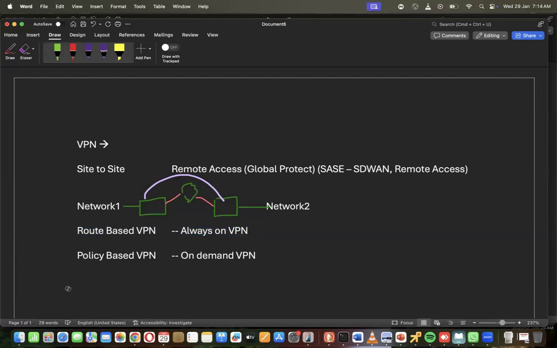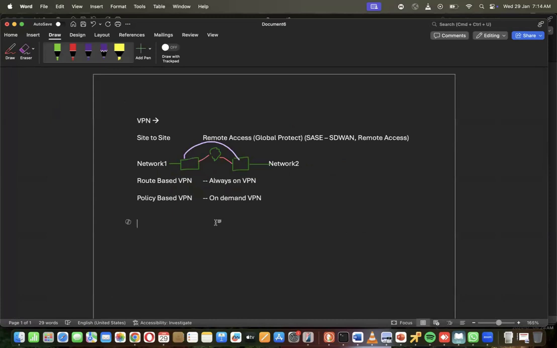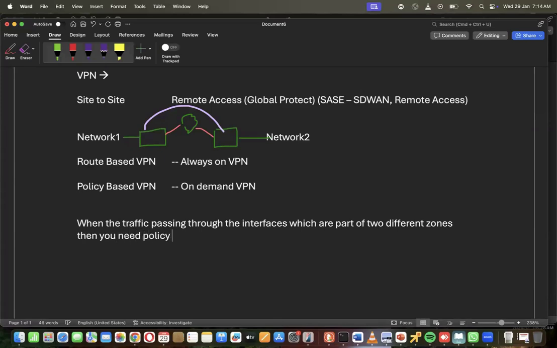Understand. All right. Now, when I say route-based VPN, does it mean that I don't need a policy? Of course, you need a policy. Because when the traffic is passing through the interfaces, which are part of two different zones, then you need a policy to permit it.